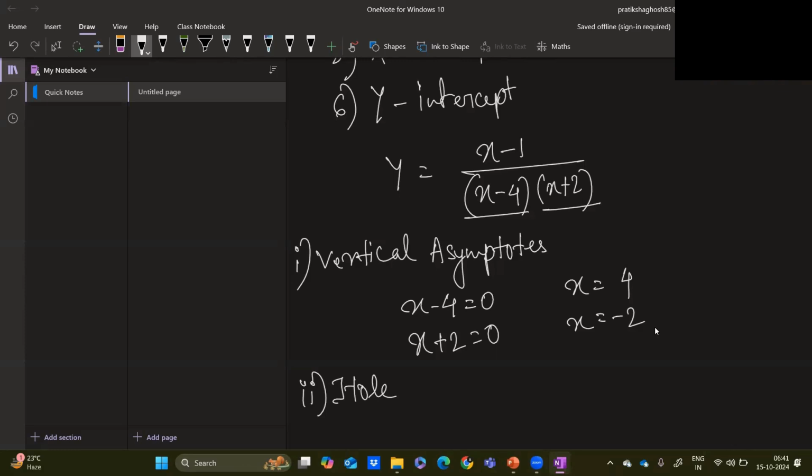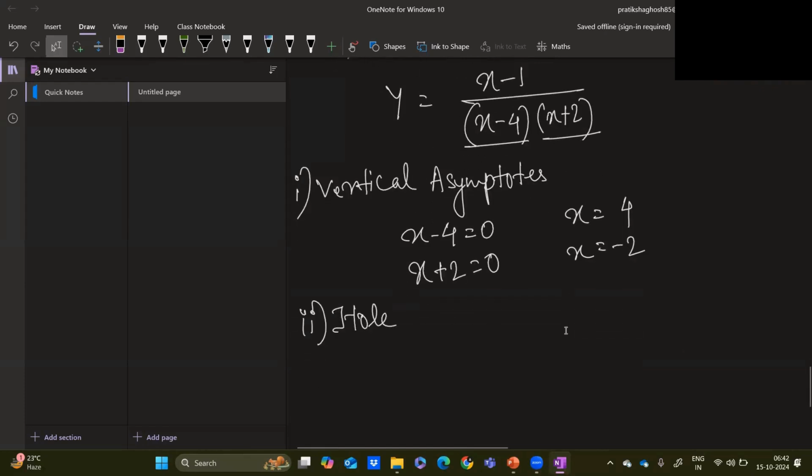The restrictions and the vertical asymptotes are the same, so we are not taking restrictions now. What about holes? How will we know if we are having any holes or not? If the top and the bottom are both zero, something will be cancelled, right? If we can cancel it, yes.